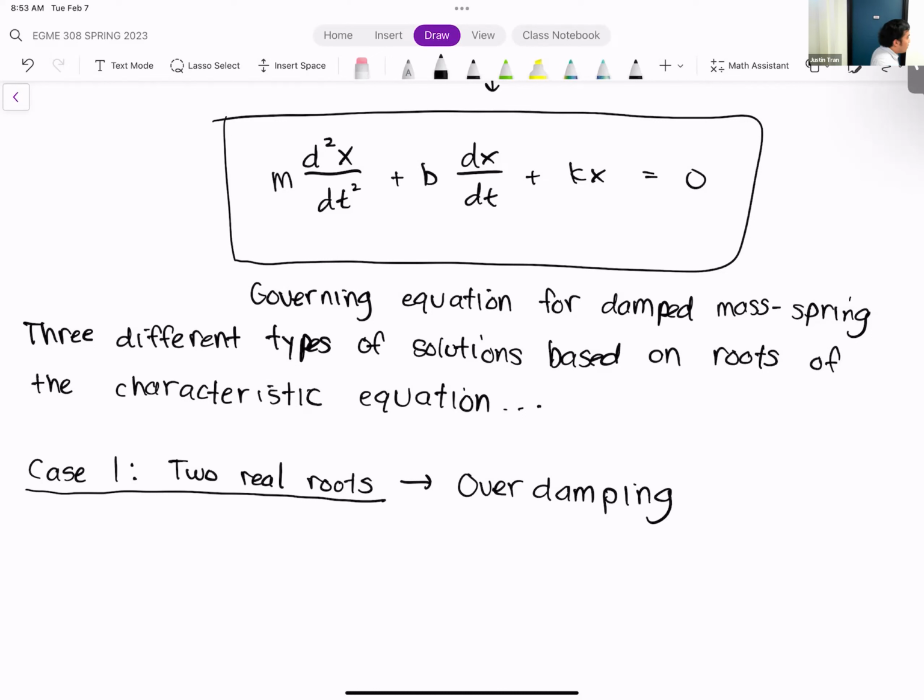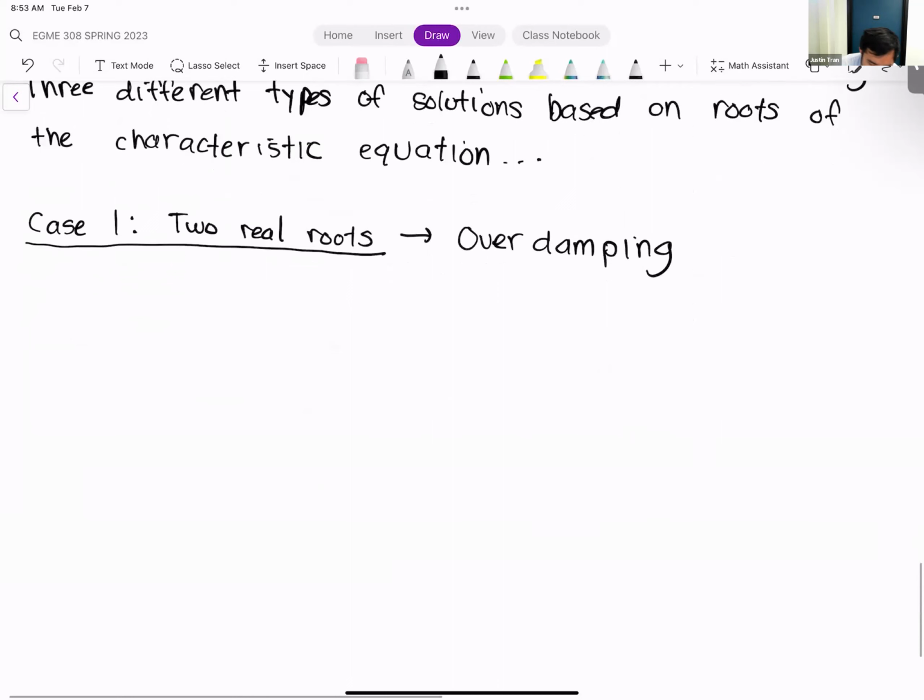The reason this occurs is because the damping constant b is very large, and a very large damping constant causes your system to have two real roots. If you remember our solution from last week, with two real roots the solution just looked like a decaying exponential. Visually it looks like this.